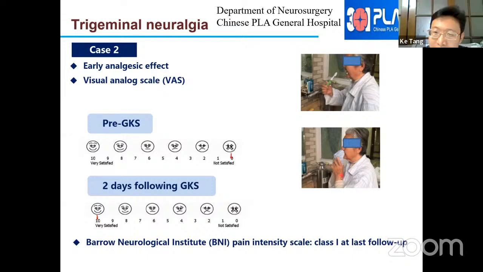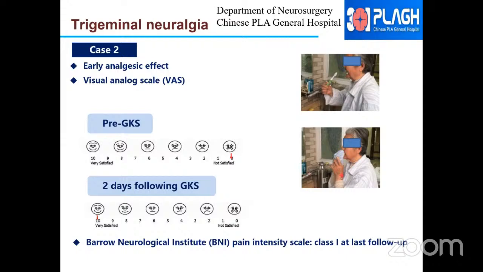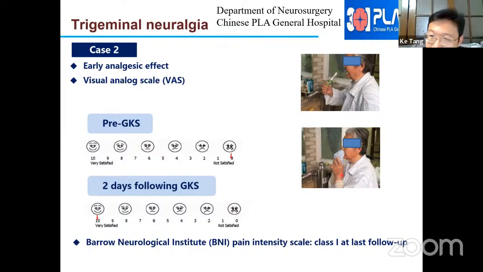I am asking how much is the pain relief, and what is the time? What's the pain scale? The visual analog scale. The length of the scale is 100 millimeter.